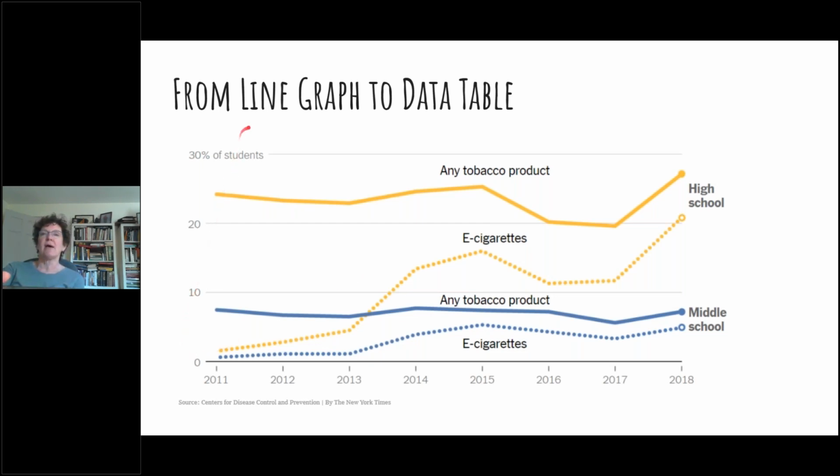So I just took this data. I gave it a title. I made an XY chart, and one column, the X column, is going to be the years, right? Because that's what's on the X-axis. And the Y column is going to be percent of students who use tobacco.